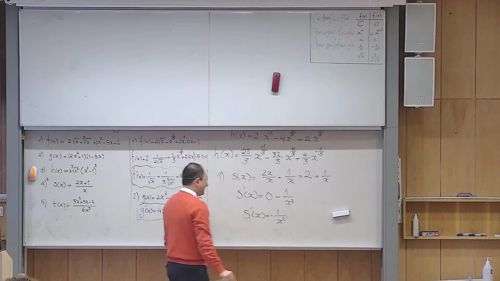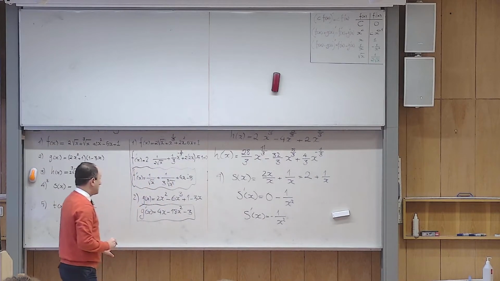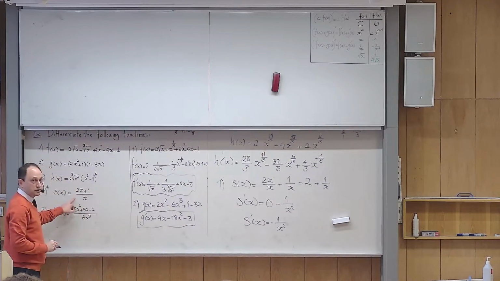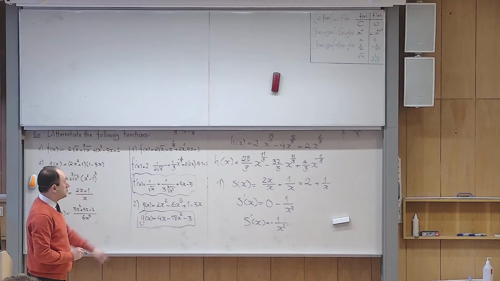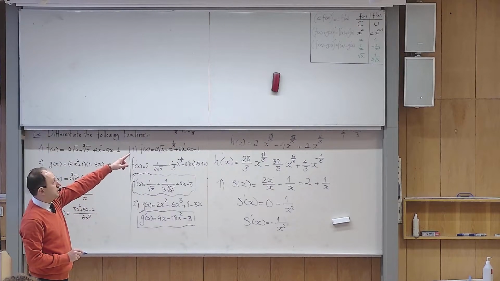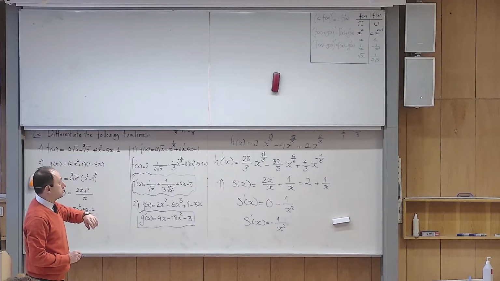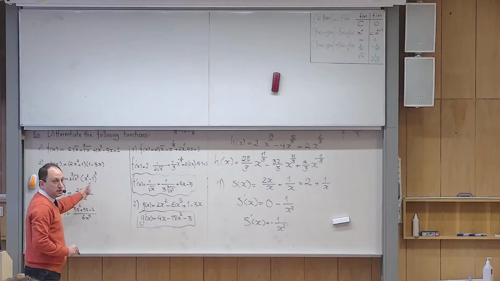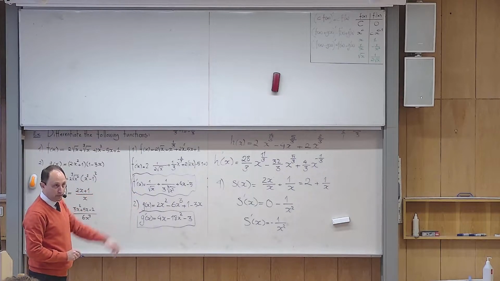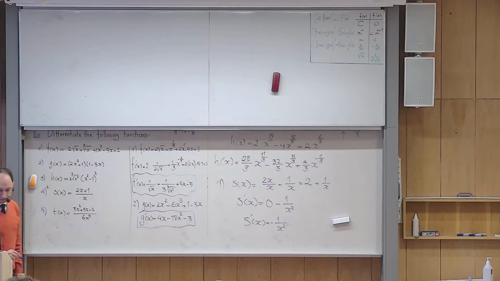And this is interesting. You see, I have two different functions, their derivatives are the same. Yes? Because the derivative of 1 over x is minus 1 over x squared. This is a different function, but still its derivative is exactly the same. But this cannot happen that much.